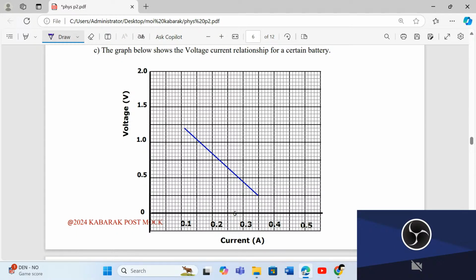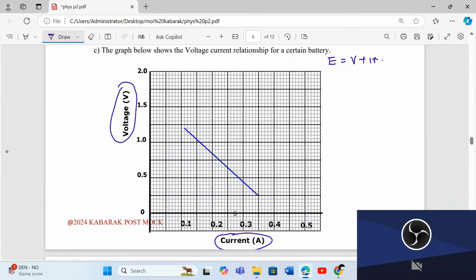The graph below shows the voltage-current relationship for a certain cell. You are given this one. This is potential difference against current. Then this one, we can get from the formula of getting EMF, which is V plus Ir.